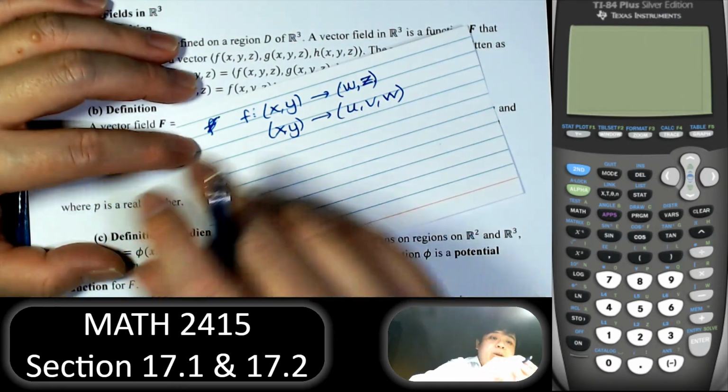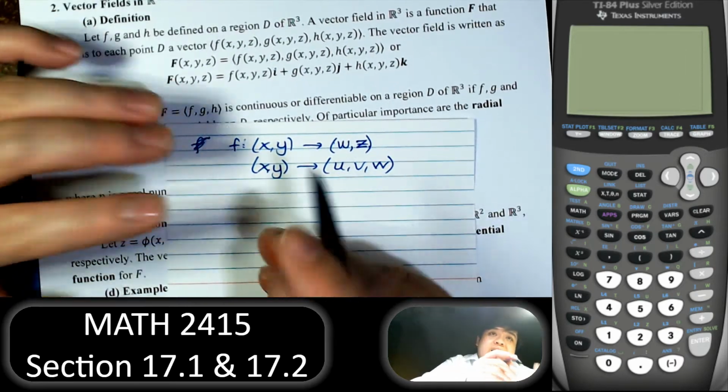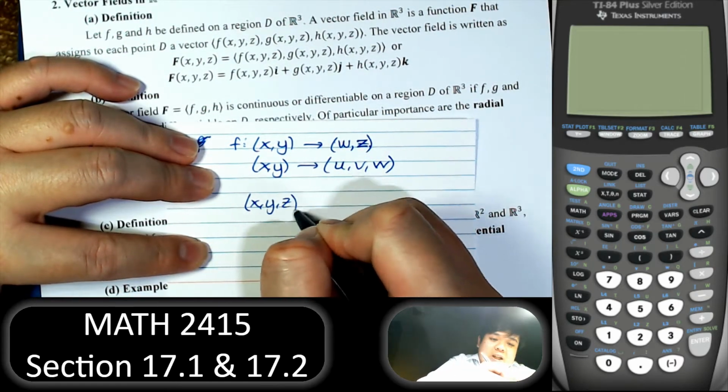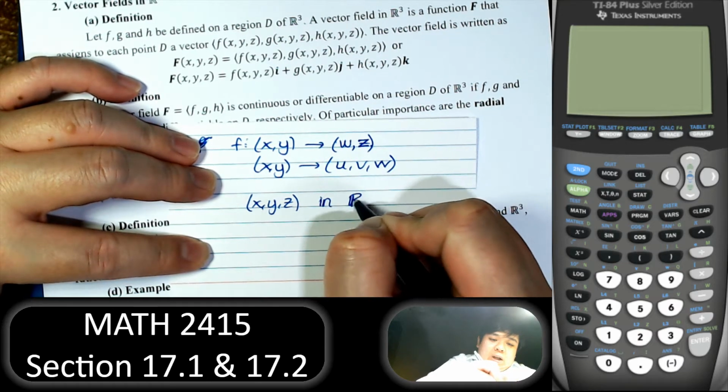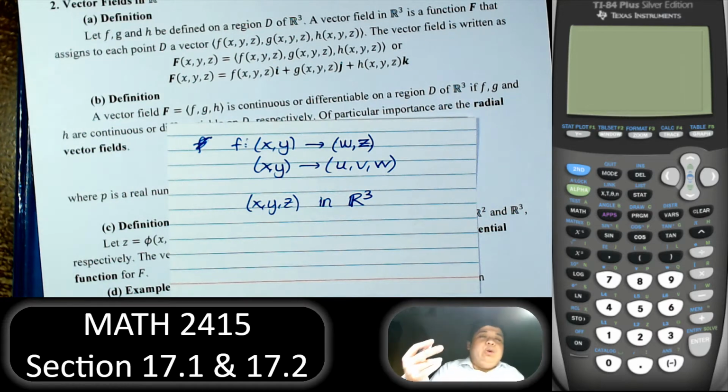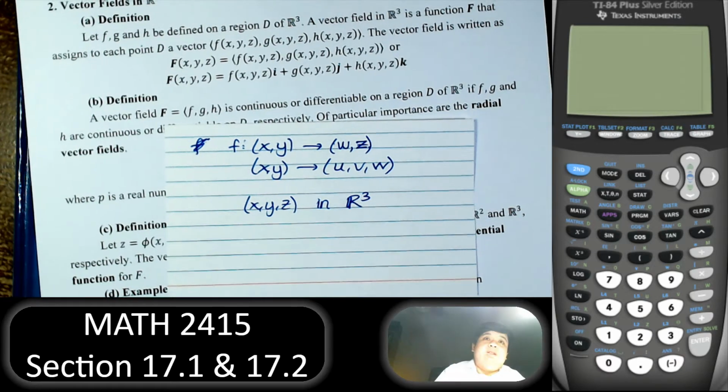But for a vector field, the point is in the same space. So if the point is (x, y, z) in R3, it will give a vector in R3. If the point is in R2, it will give a vector in R2. So the point and the vector have to be in the same space. If the vector field is in 3 dimensions, each point is in 3 dimensions and will give a vector in 3 dimensions. So that's the thing about vector fields.